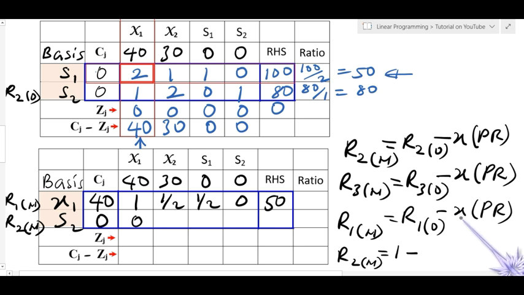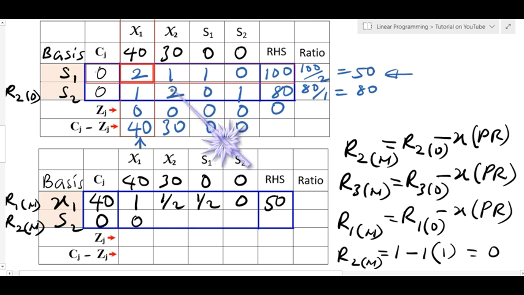Now this x is actually the element here, which is 1. So minus 1 into the pivot row, the element there at that position, which is 1. That's equal to 1 minus 1, which is 0. So that's why here is going to be 0.